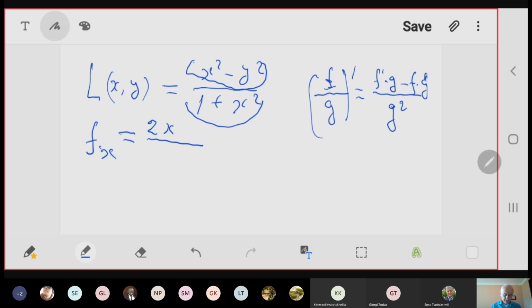That's all, because we also have negative y square, but we assume that y square is constant, and that's why the derivative of y square is 0. So let's continue. Multiply by g; g we have 1 plus x square.